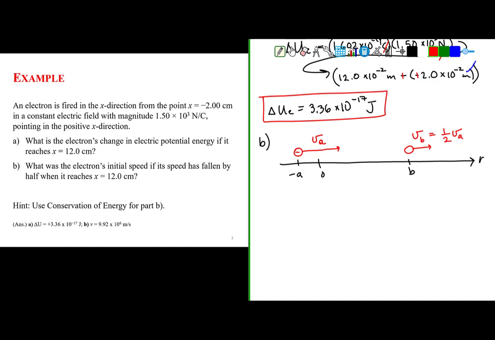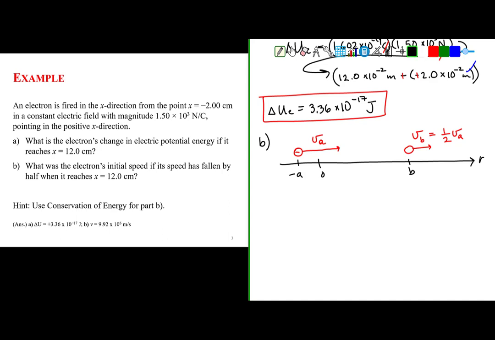Well, to do this, I'm remembering what I learned in my first mechanics class. I learned that whenever an object changes speed under the influence of a conservative force, I should consider using conservation of energy.